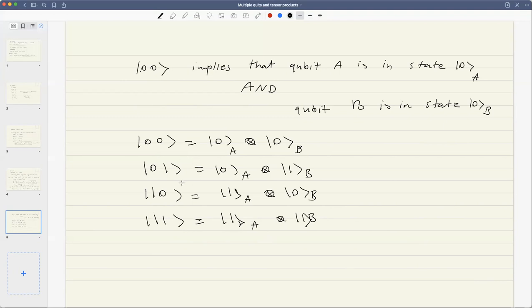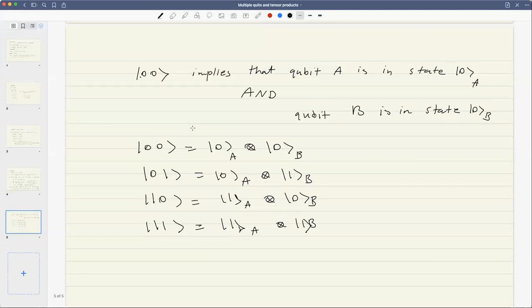Okay. Now there's nothing that special about these states in the computational basis.